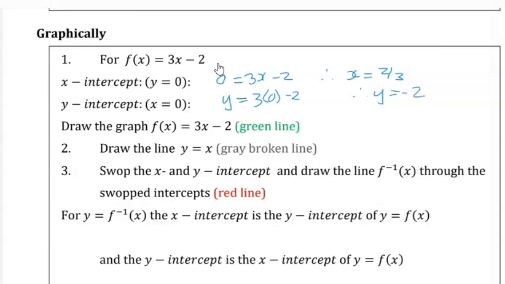So if I now draw that graph in a green line, and I draw the line y = x, then I can swap my x and y intercepts. So my x-intercept was x = 2/3. Now the x-intercept is a y-intercept of that, but remember it's still an x-intercept, so it's now x = −2, and the y-intercept is now y = 2/3.